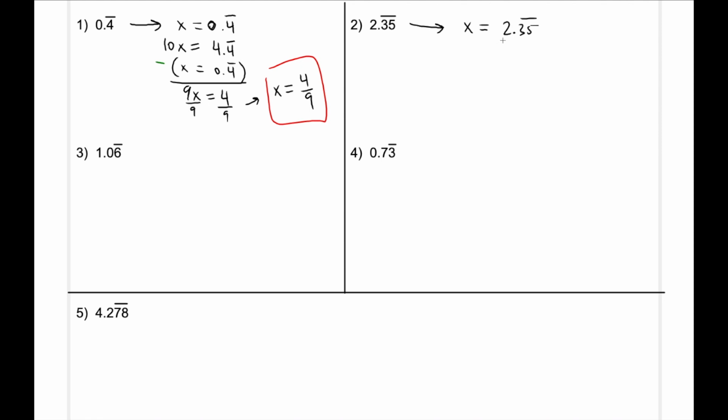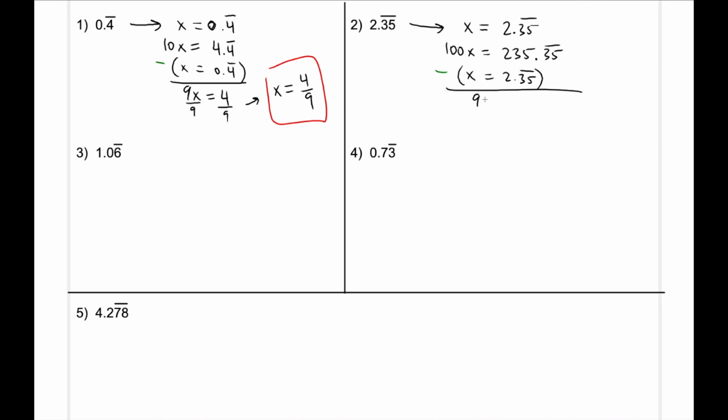All right. Then we can notice that in order to bring the 35 to the left of the decimal point, we have to multiply x by 100, and both sides by 100, in order to get 235 point and then 35 repeated after the decimal point. Okay. Now, of course, you're going to again subtract the first equation, x equals 2.35 repeated, from the second.